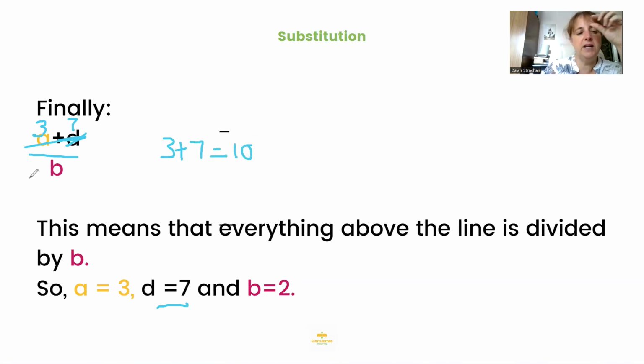Then we're going to divide that by B, and B is worth 2. So 3 plus 7 divided by 2 is the same as 10 divided by 2, which gives us 5. So the top divided by the bottom is literally just A plus D, which is 3 plus 7, divided by 2.